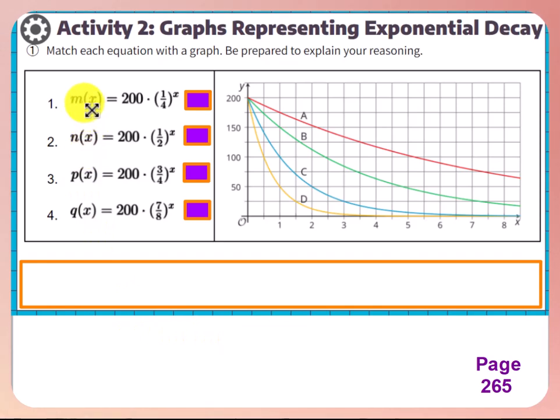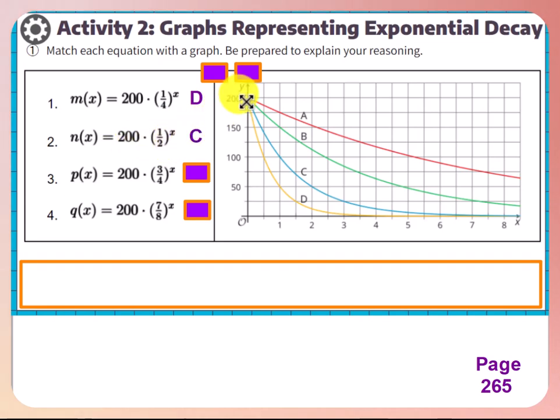Looking at function 1, function M, that's going to match with D. Say 1/4 is going to drop this way. And then we're going to go to 1/2. Our decay factor is 1/2, so we have 1/2 remaining.